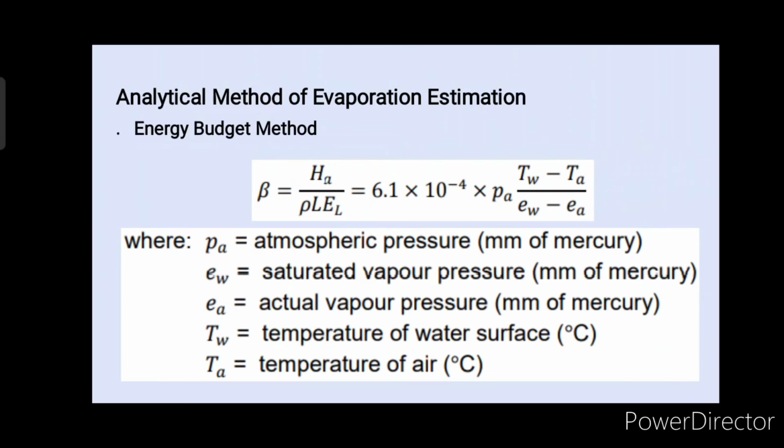So beta equals HA over HE is equal to 6.1 times 10 raised to negative 4 times atmospheric pressure times the quantity of temperature of water surface minus temperature of air, all over saturated vapor pressure minus actual vapor pressure.